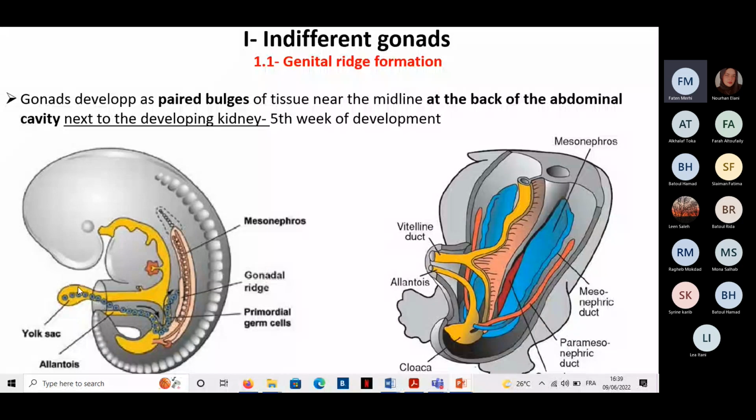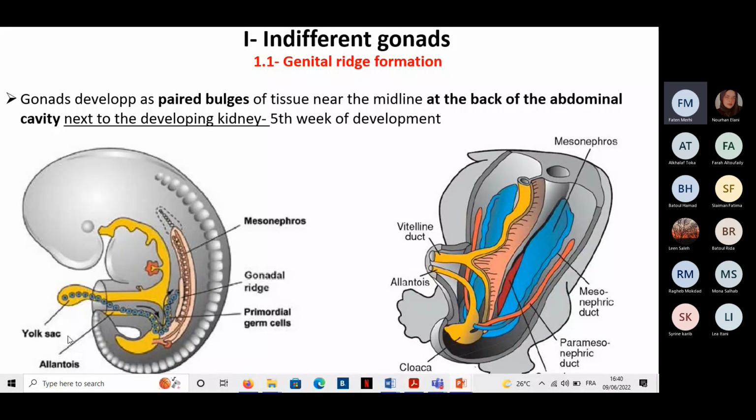And here you can see a sort of sac called the yolk sac. The yolk sac in the birds and the reptiles has a feeding function. Okay, it contains yolk and it helps them in feeding the birds and the reptiles. But in the humans, it doesn't have a feeding role.